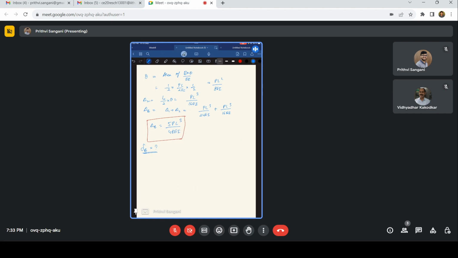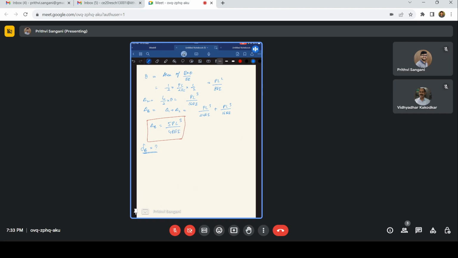With this I'll break it down as the cantilever support plus... I'm not having space for that, so let me write it down here.